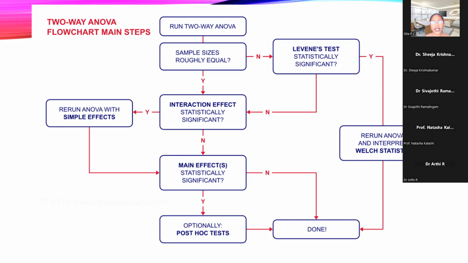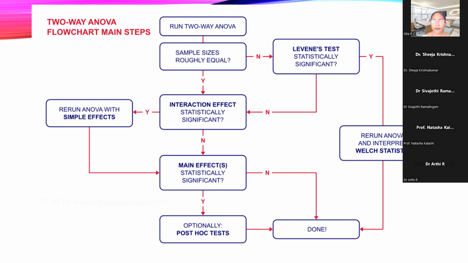The sample size will be equal when the p-value is not significant. Then we have to do an interaction effect. If the interaction effect is significant, then we have to do a simple effect test. From the simple effect test, you can find out whether the main effect is statistically significant, then perform a post hoc test, etc.